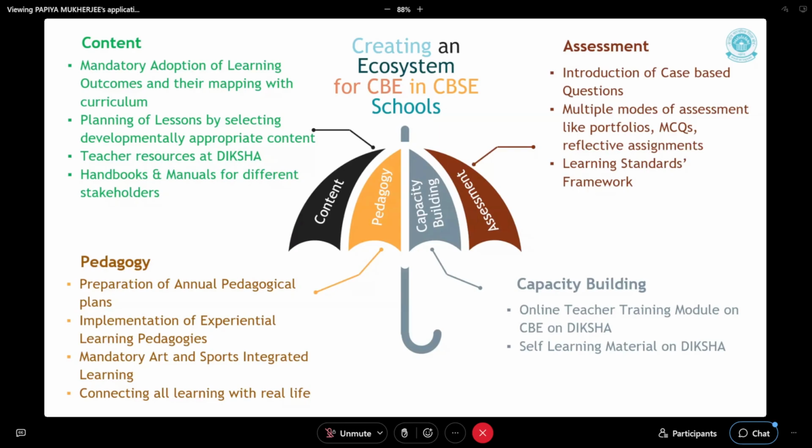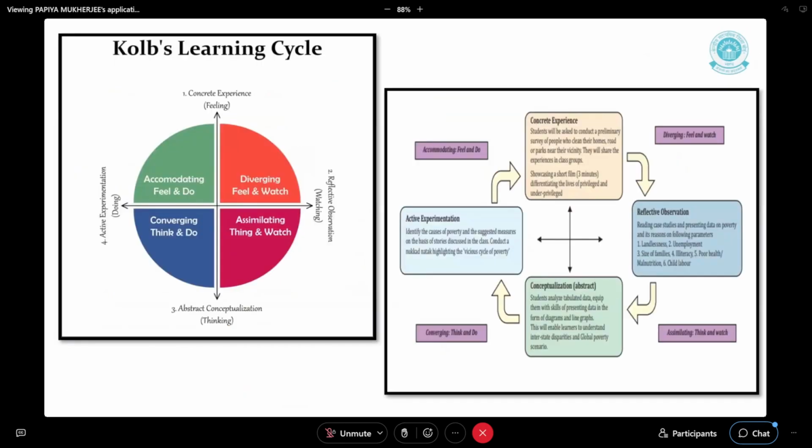The board has already introduced case-based questions, and multiple modes of assessment like portfolios, MCQs, reflective assessments. A learning standards framework has been developed by the CBSE. As far as capacity building is concerned, an online teacher training module on CBE is available on Diksha, and self-learning material is also available on Nishtha.